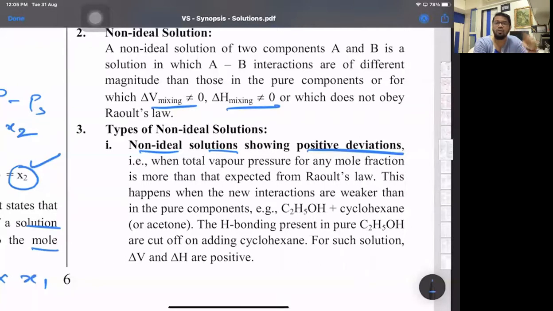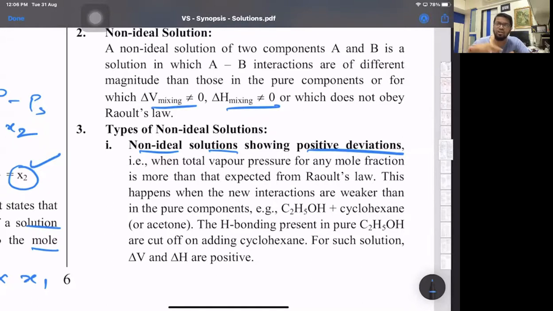Solute-solute and solvent-solvent interactions are stronger than solute-solvent interaction. I repeat, positive deviation: solute-solute and solvent-solvent interactions are stronger than solute-solvent interaction. So when I heat this non-ideal solution, on the surface, vapors of both solute as well as solvent will come.